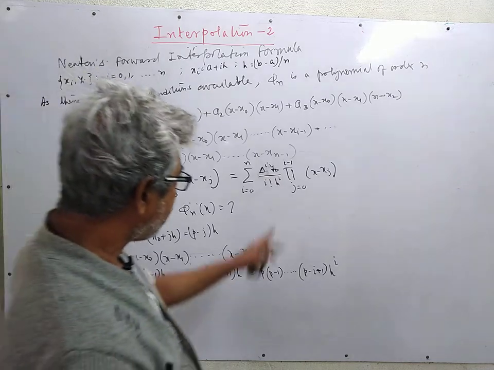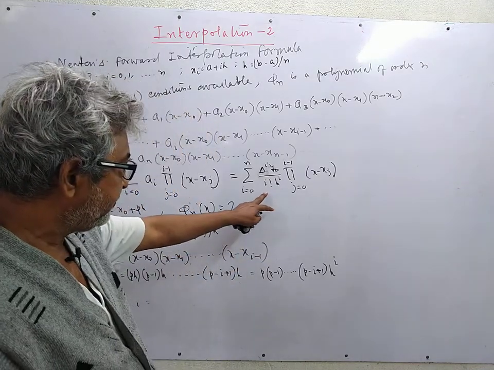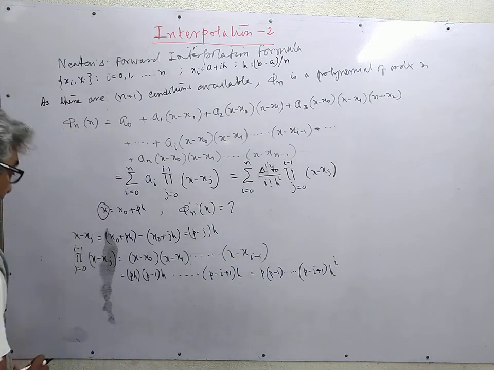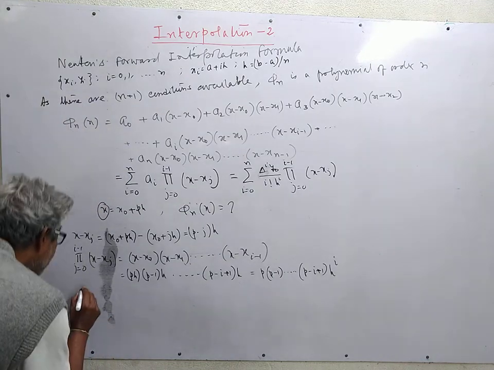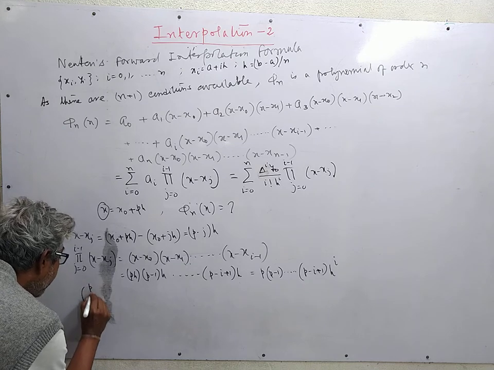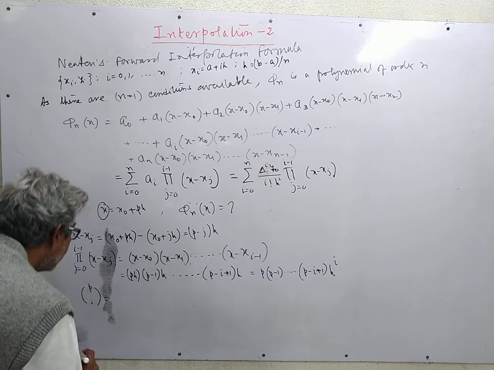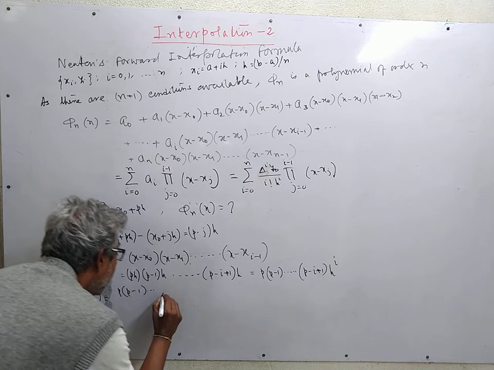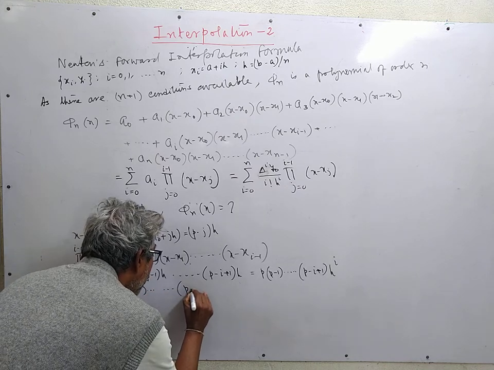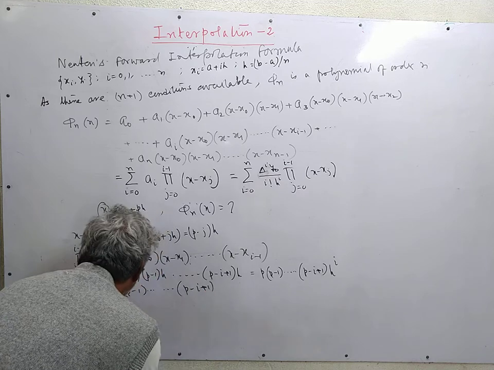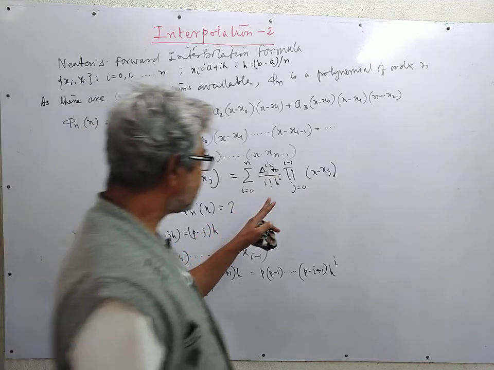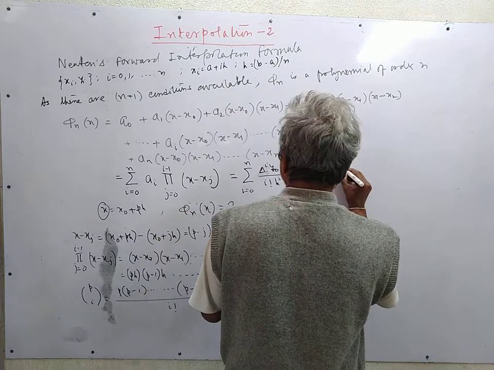This h to the power i cancels with this, and if we consider this i factorial and use the generalized combination notation, p choose i is equal to p, p minus 1, right up to p minus i plus 1, by i factorial.